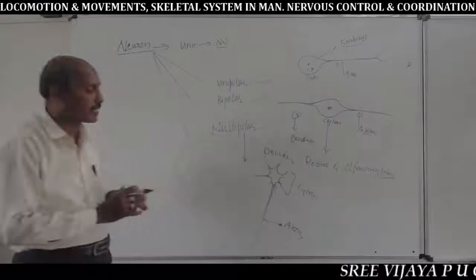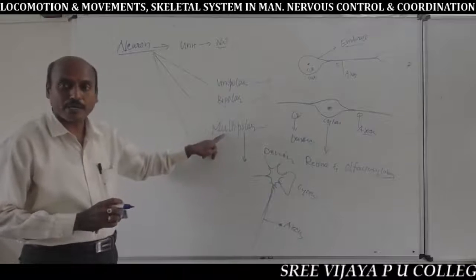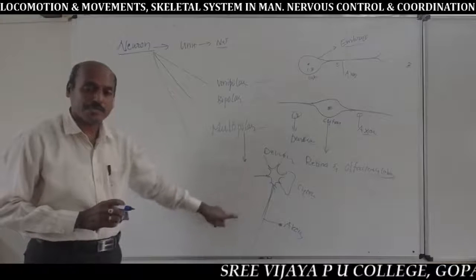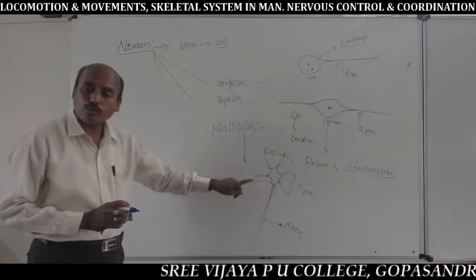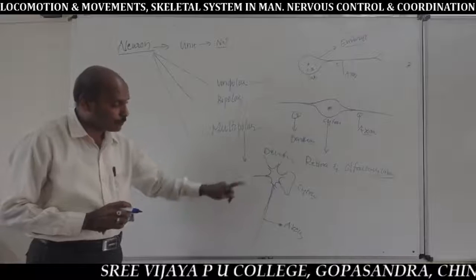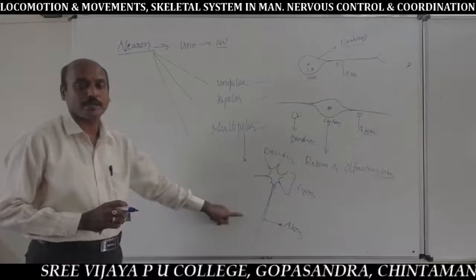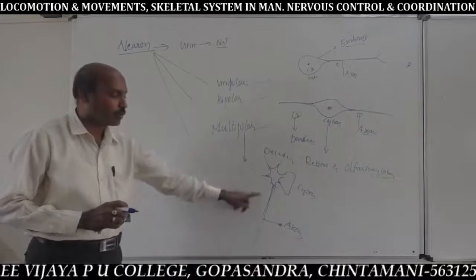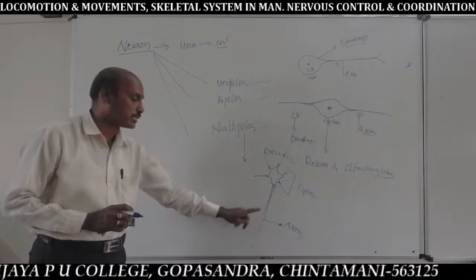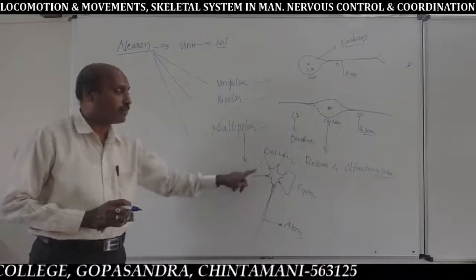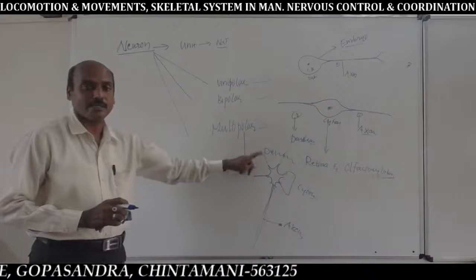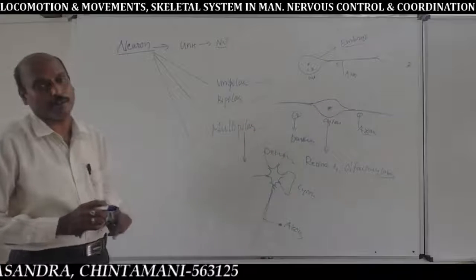You should remember this statement. In a multipolar neuron, many projections, more than two, arise from the cyton, among them only one can function as axon, the remaining function as dendrons. That is called a multipolar neuron.